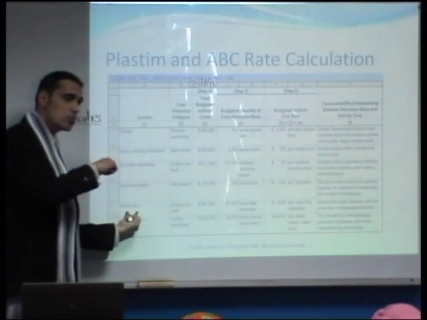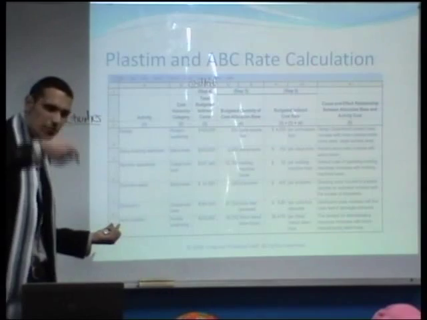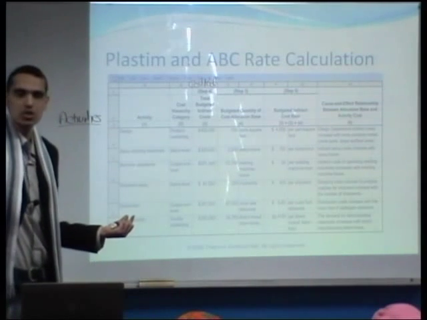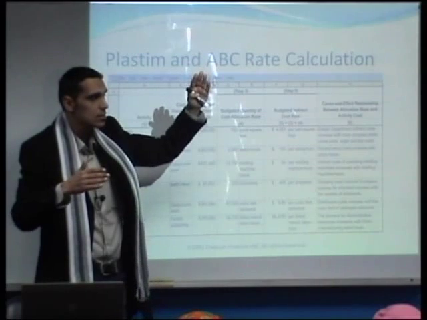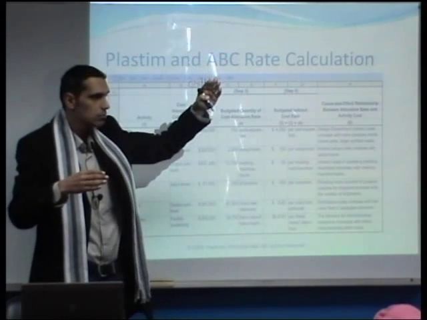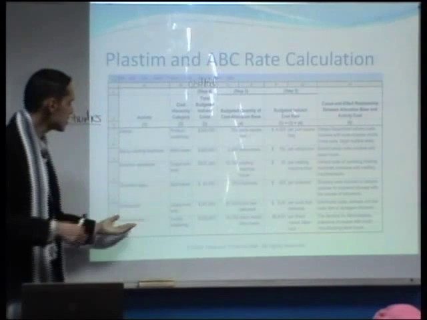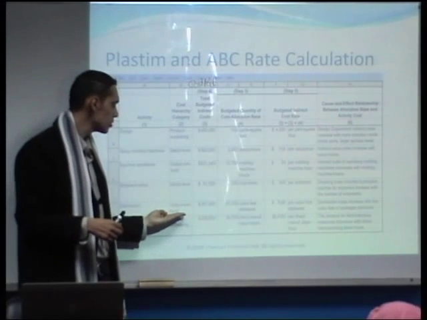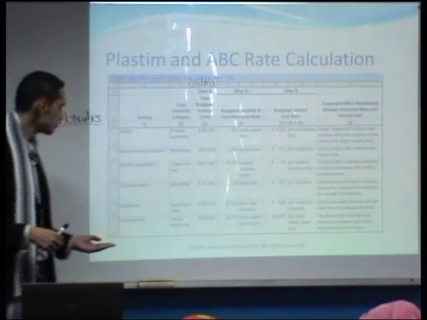Therefore, this distribution cost would increase or decrease according to the individual number of units that have been shipped. Correct? Because as the number of units increases, we need more area in order to ship these products. Therefore, this is considered an output unit level cost pool.